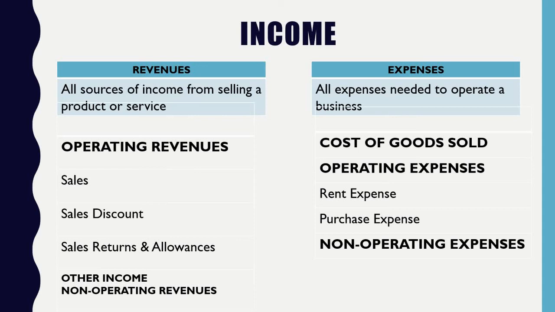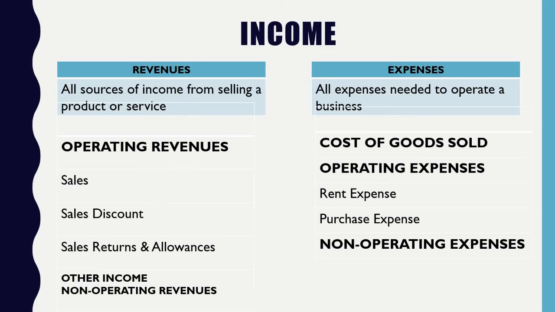That's going to be considered my other income because it is not my core business. My core business isn't to generate money off of stocks. My main core business is to sell coffee. So that's where every other income is going to be placed.